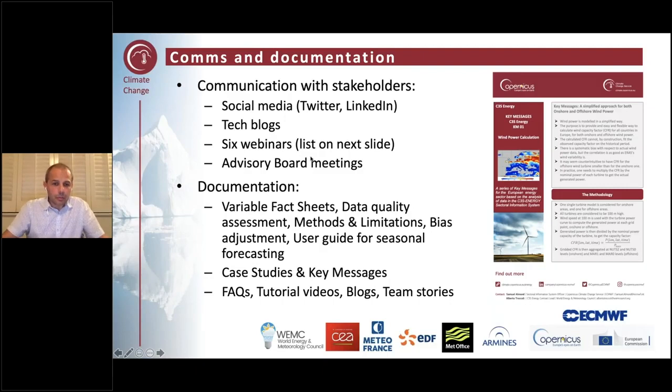The advisory board was also helping us with the development, and now we've got quite a rich documentation with the variable fact sheets, data quality assessment, methods and limitations, bias adjustment, and a user guide for seasonal forecasting. These are more technical issues that come from climate and are not always so digestible, so we try to make that as easy and approachable as possible.